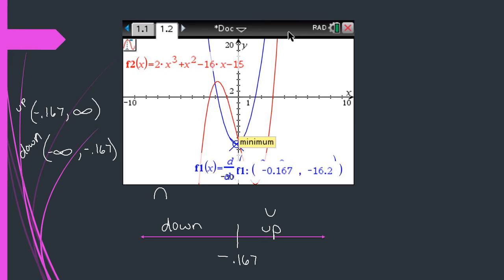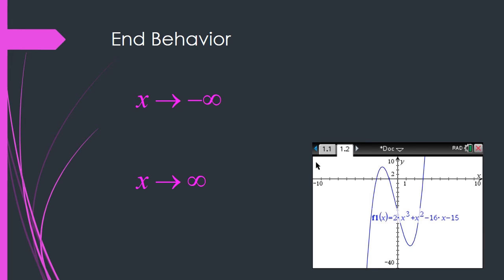All right, now we're going to look at our end behavior. End behavior is what happens to my y values, or my f of x, as x goes to negative infinity. Looking at our graph, as we're going this way, what happens to the function?